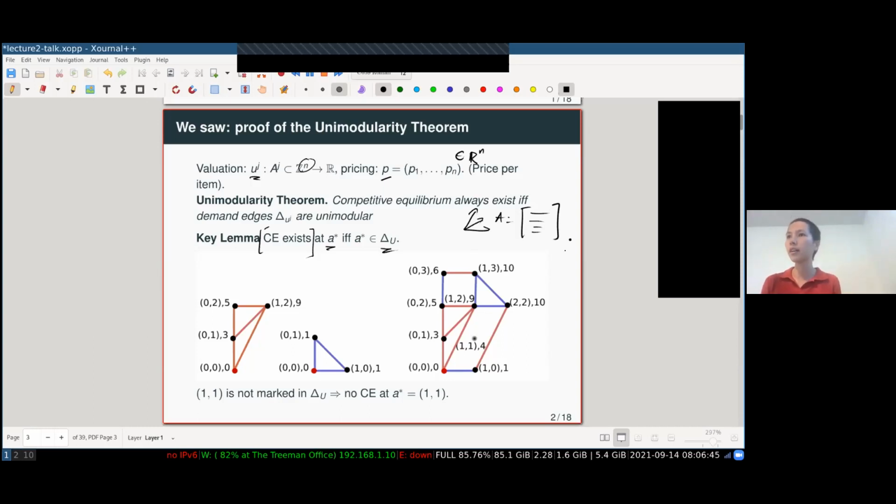Okay. Great. So geometrically in this picture here, for example, here's delta U1, here's delta U2. How do I check? The set of edges of delta U1 are: I have this edge, 0, 1; I have this edge, which is 1, 0; I have this edge here, which is 1, 1; and then I have this edge, which is 1, 2.